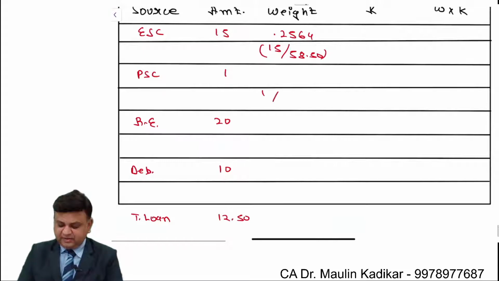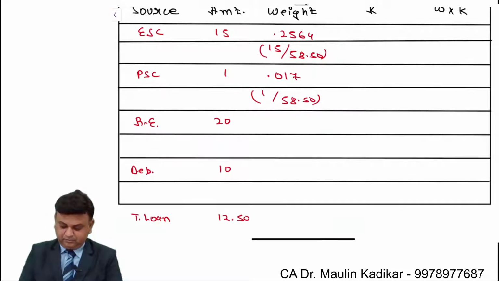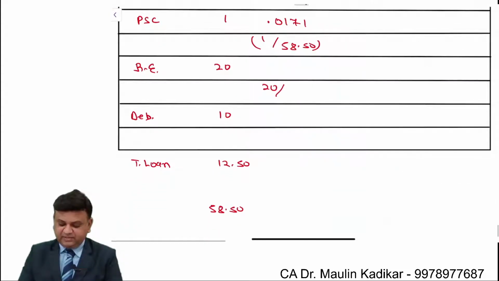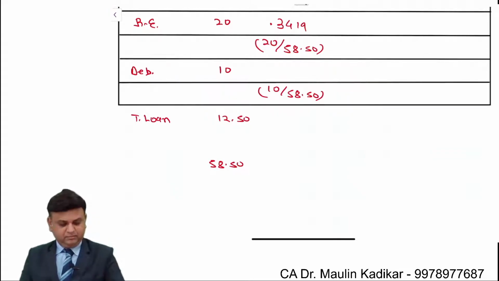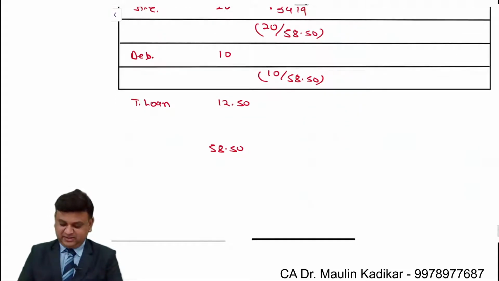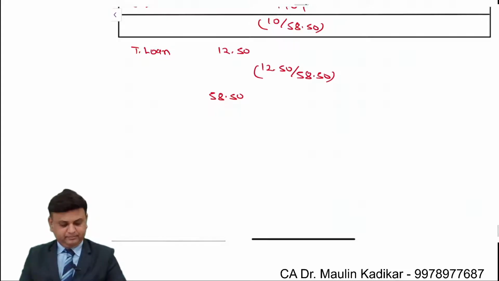Then it is 1 crore divided by 58.5 crore, 0.0171. 20 crore divided by 58.5, 0.3419. 10 divided by 58.5, that comes to 0.1709. 12.5 upon 58.5, 0.2137.